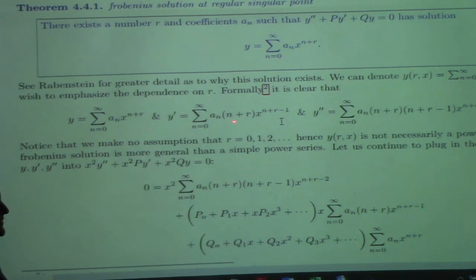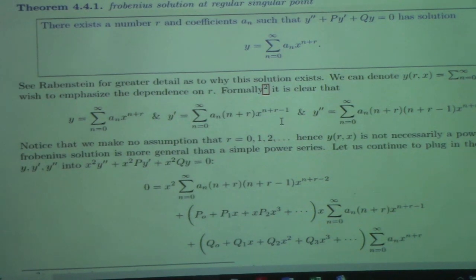And I bet this is what you would have written down if I put you on a desert island and made it worth 50 points. Certainly you would have figured out that the derivative of this should be that, and the second derivative should be that.